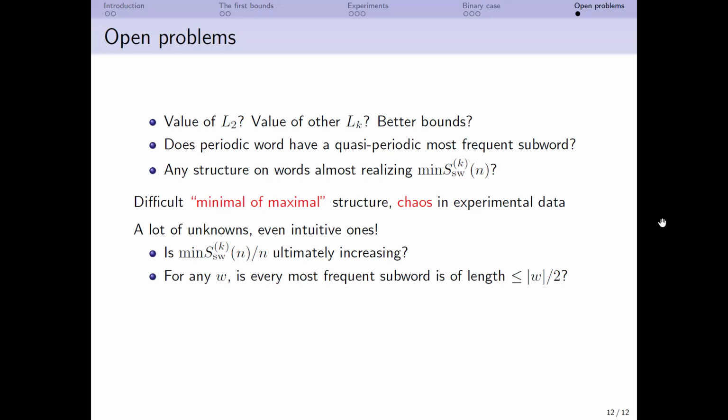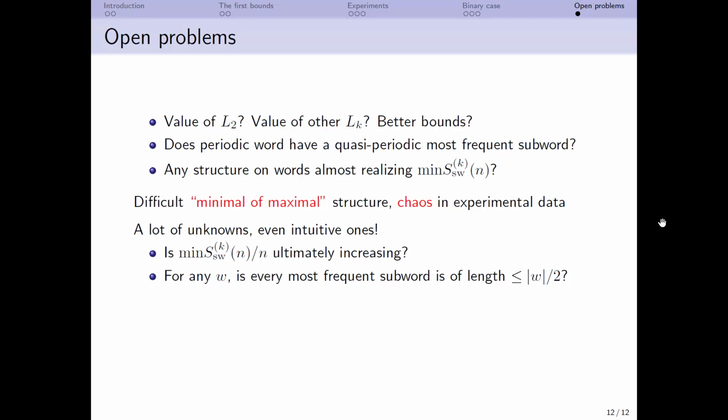For example, here are two questions I listed, but there are more in my arXiv paper. First, is the minimal subword entropy per letter ultimately increasing? Intuitively it should, because if not, there would be some resonance due to the length of the word, but that's really difficult to imagine.